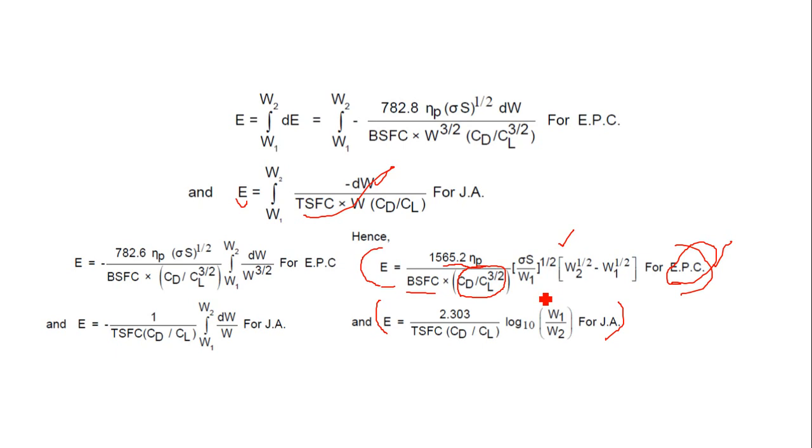Okay, so for finding this, eta p is given, BSFC is given, sigma and S we also know, and W1 we found, that is the initial weight.